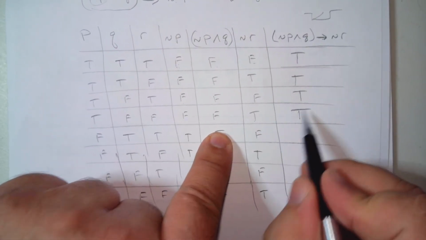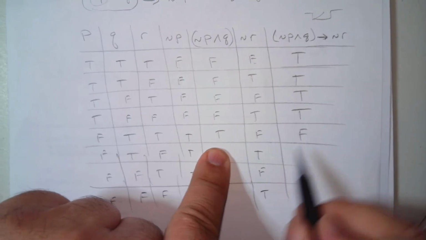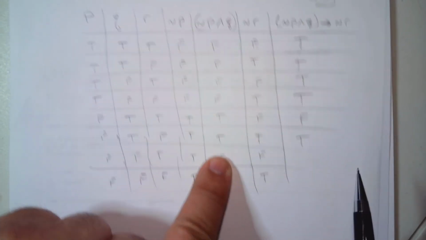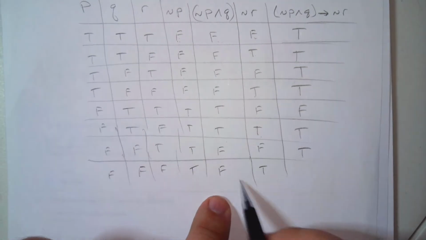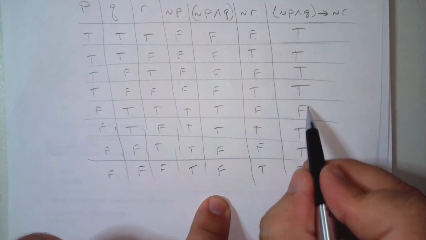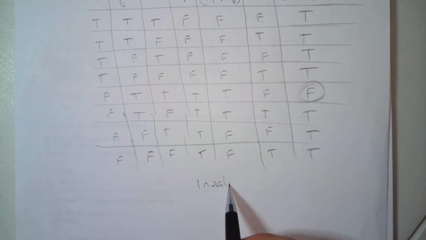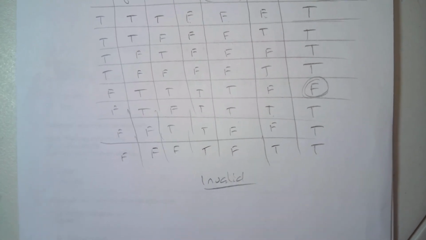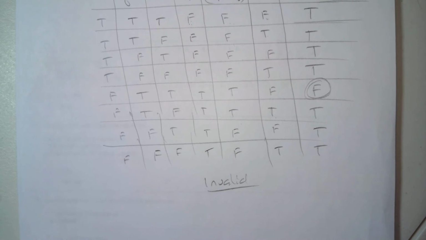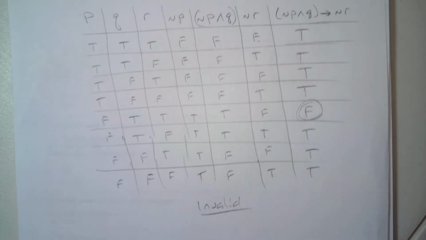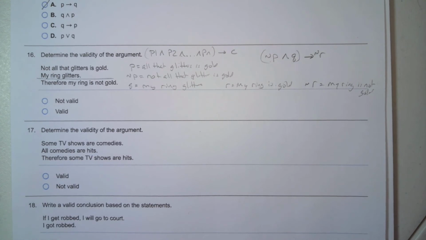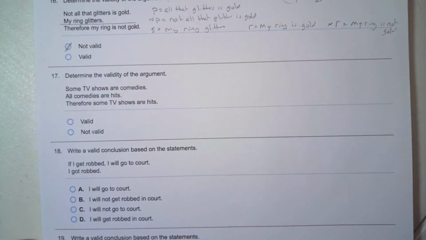False to true, that's good. True to false, that's bad. True to true stays the same. So we have one false in there, so it's invalid. In order to be valid, all of them have to be true. So it's not valid.